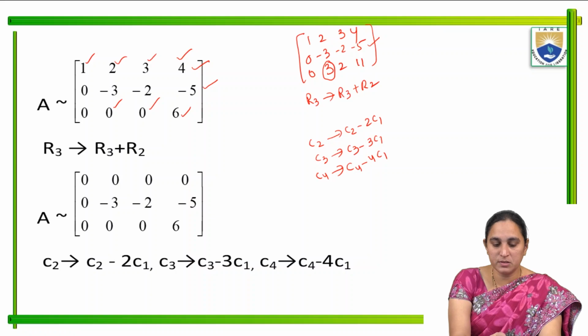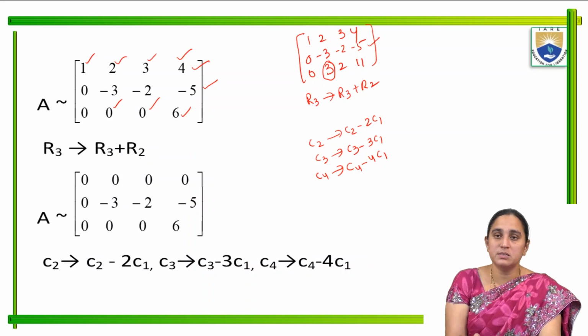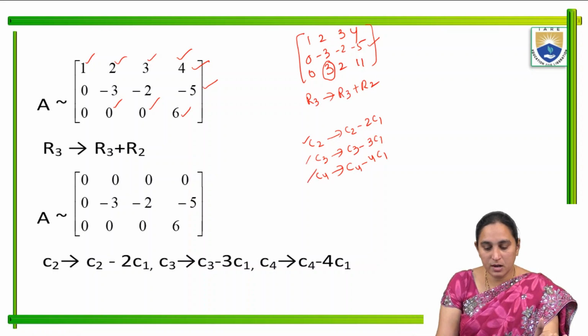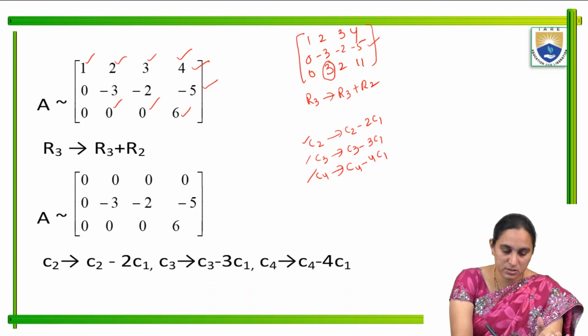Once observe, with respect to C1, I'll make 2, 3, 4 zeros. For that column operation, 2 minus 2, this is 0. And 3 minus 3 means this is 0. And 4 minus 4 means that is 0. These are the column operations. Now applying that, C2 minus 2C1 means there is no change in the first column.